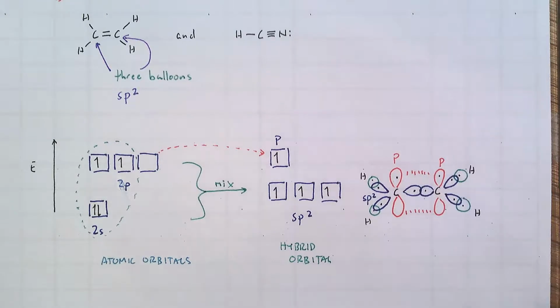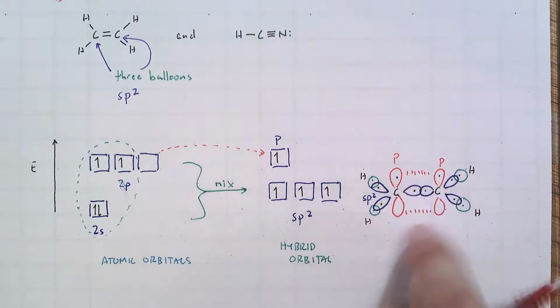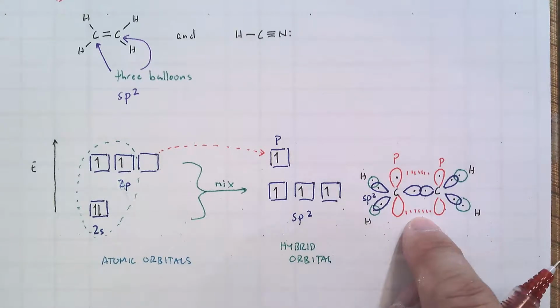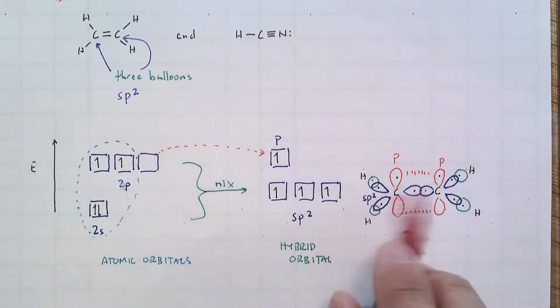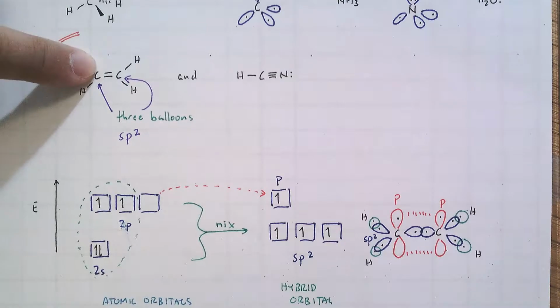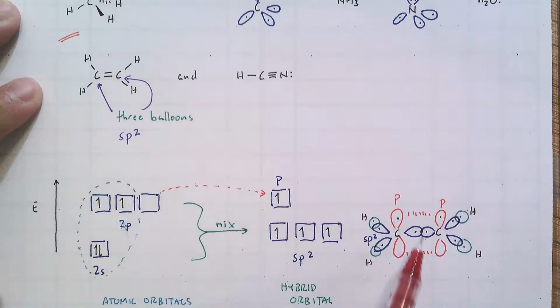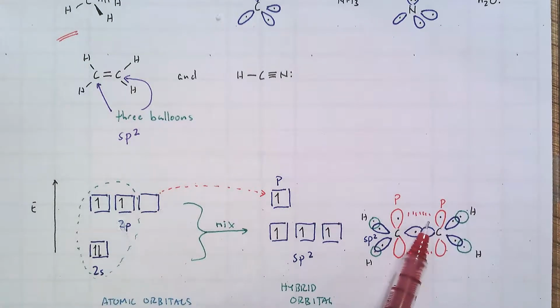A lot of times people draw them separate, kind of spread apart for clarity. But in real life, they are pretty close together, and these lobes touch, and these lobes touch also. Look how many electrons they're sharing when you overlap the p orbitals. You're sharing 2 electrons. Isn't that a bond as well? That's the second line up here. We have the first line here, sigma bond, and we have a second line formed by the overlap of the p orbitals.